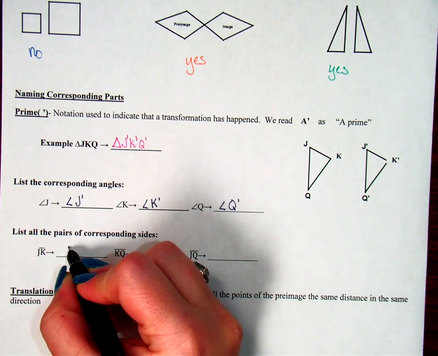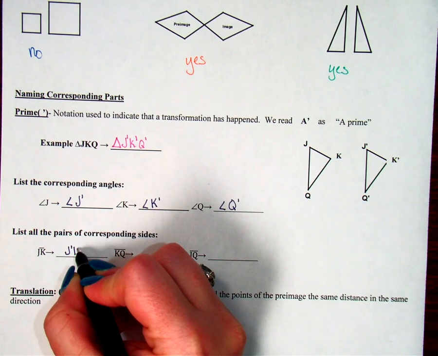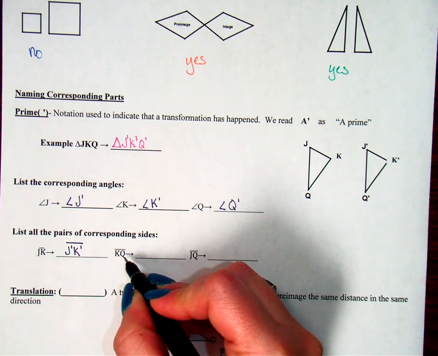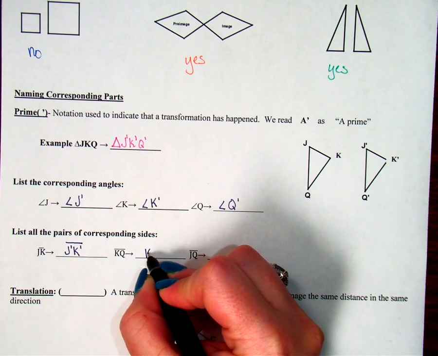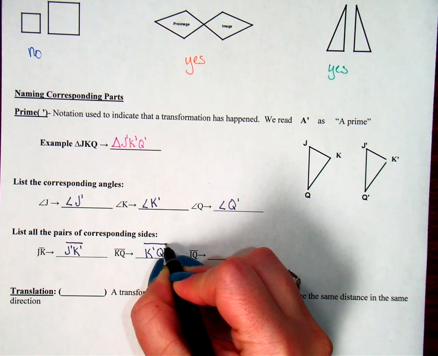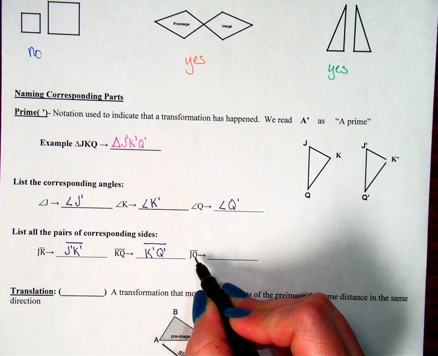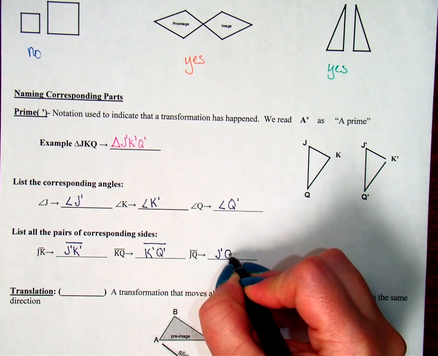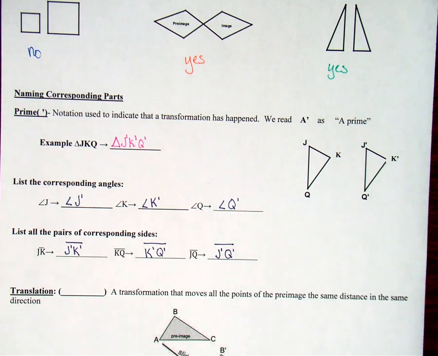Same thing with my sides. Segment JK is going to correspond to segment J prime, K prime. Segment QK is going to correspond to segment K prime, Q prime. And segment JQ is going to correspond to segment J prime, Q prime.